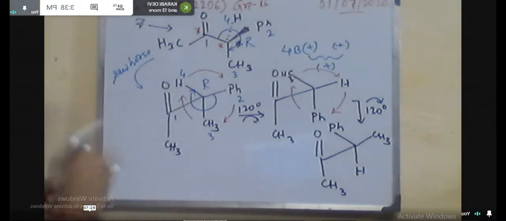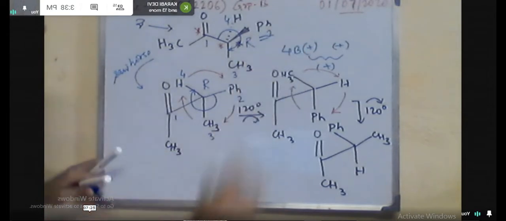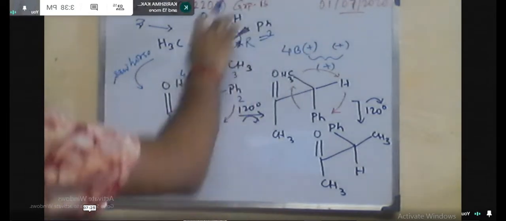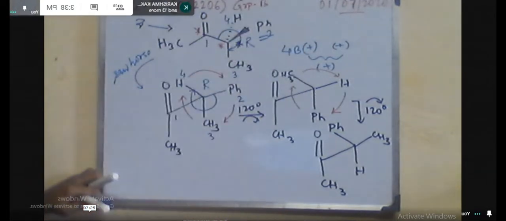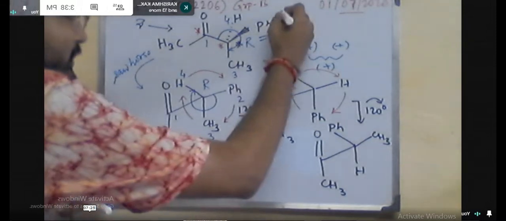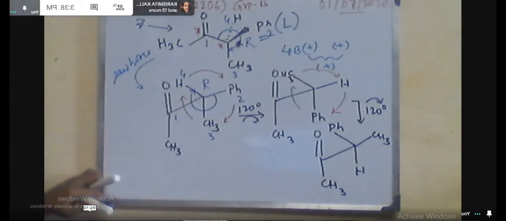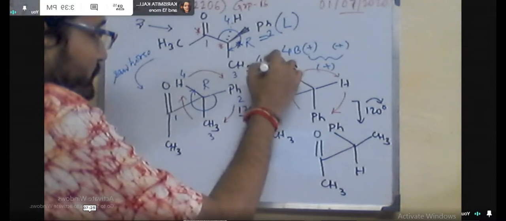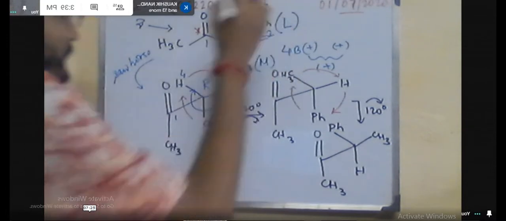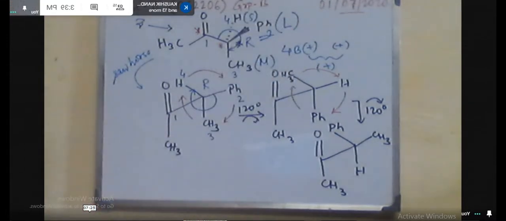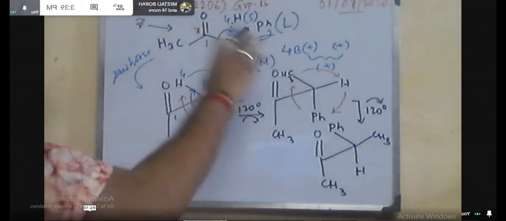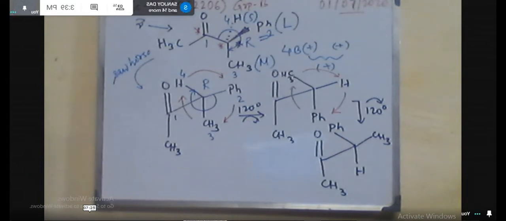Cram's model indicates that in the normal Cram's model, the largest group will be in the anti-periplanar conformation, and that is the reactive conformation. In this case, you can see medium, large, small; and here large, small, medium.